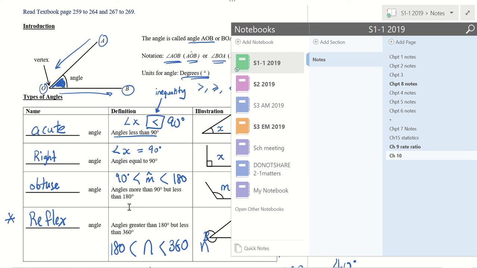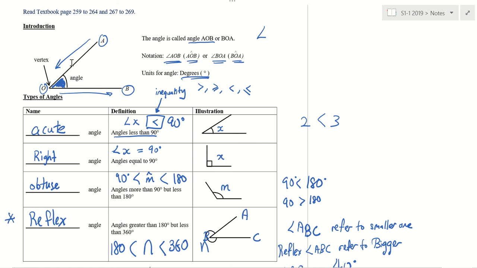This is the step 1 notes I taught this morning. First one is called acute angle, right angle, obtuse angle, reflex angle.